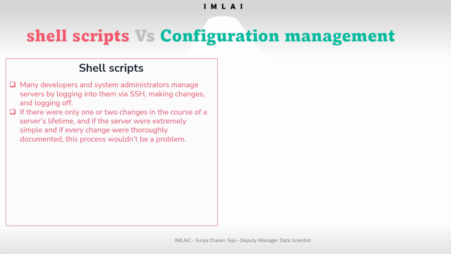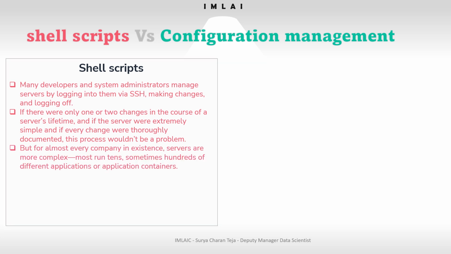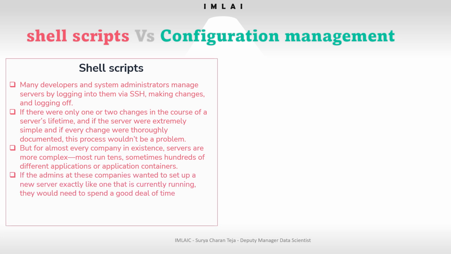If the admins at these companies wanted to set up a new server exactly like the one that is currently running, they would need to spend a good deal of time going through all of the installed packages, documenting their configurations, versions, and settings.